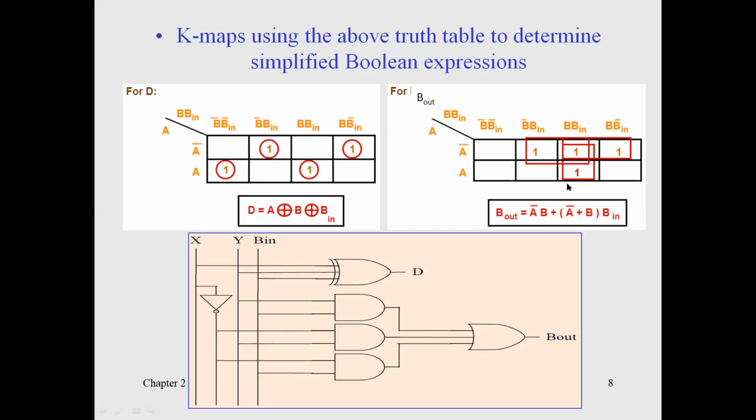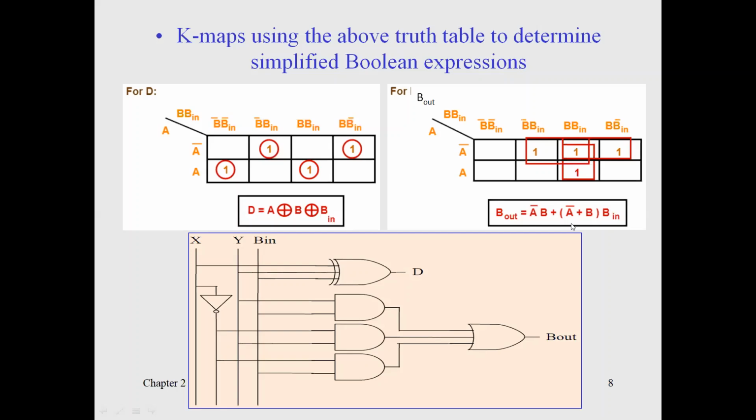So for this pairing, this dual is because of these two rows and this column. So these two rows are opposite, A plus A bar is 1, so it will be gone. There will be nothing in the row into column, 1 into this column, it will be B B in. You can see here B B in is reflected. So if you sum it up, you will get the expression like this.